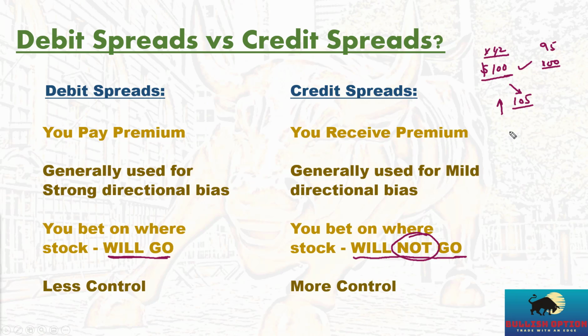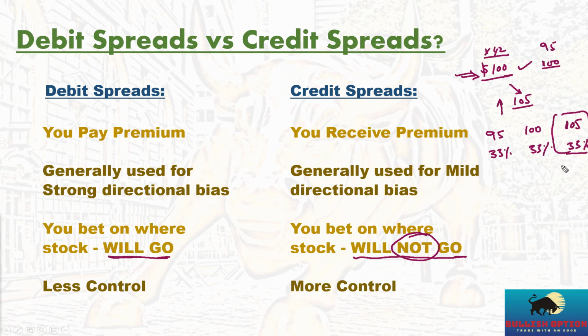From a probability perspective, let's say there are three possibilities. One is stock will go to 95, one is stock will remain at 100, and one is stock will go to 105. And let's say all the options have 33% chance, equal chances of everything. So if you are directional, if you are buying stock, you will only make money in this case.